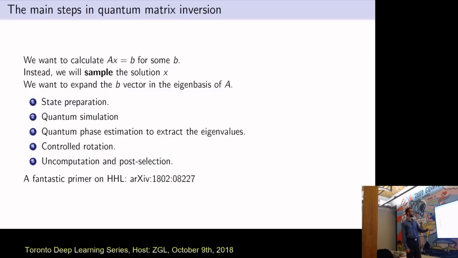And then we do something called a controlled rotation. This is like the easiest step. And then we have to do something very technical, which is called uncomputation. And then this algorithm is probabilistic, so it has a certain probability of succeeding and failing. And we have to post-select on the successful branch to actually get the result. So that's the outline.